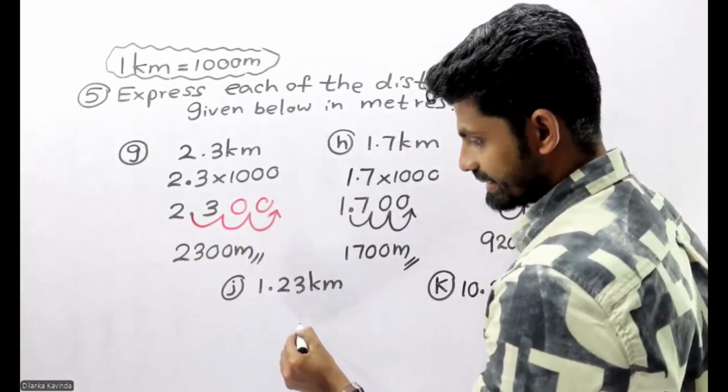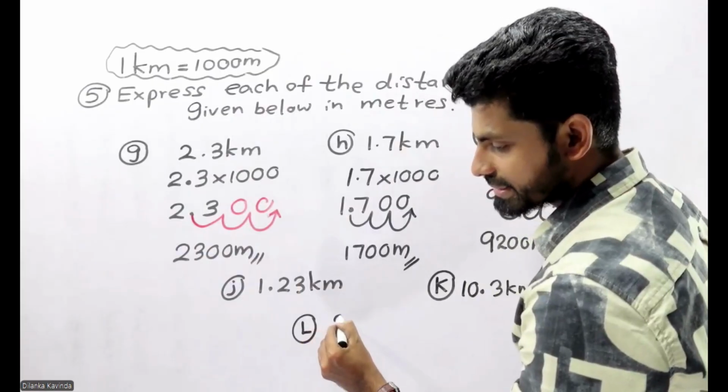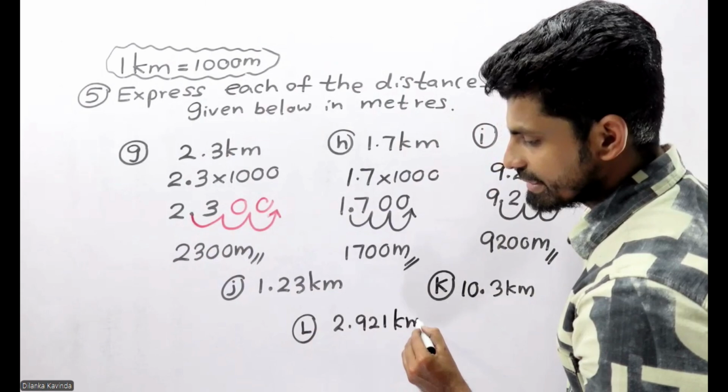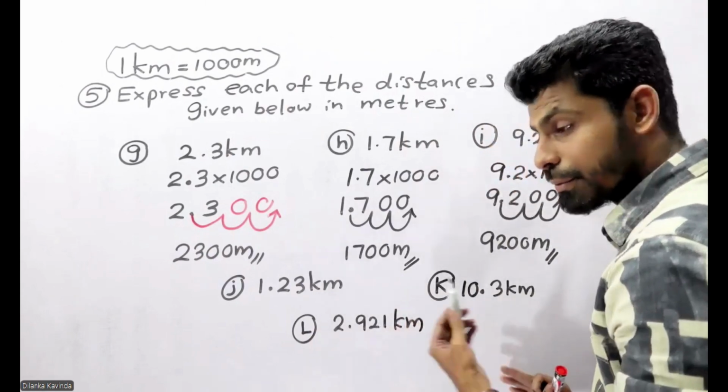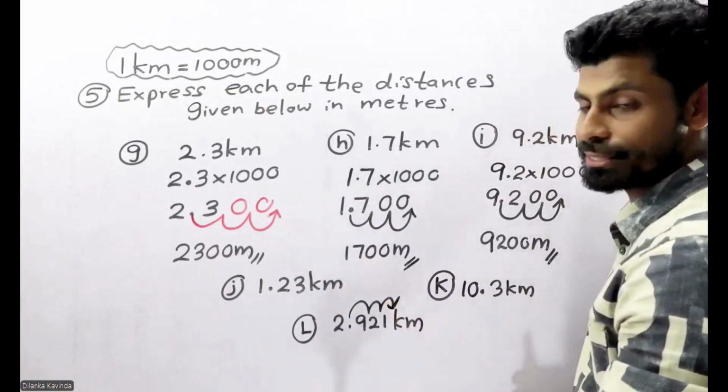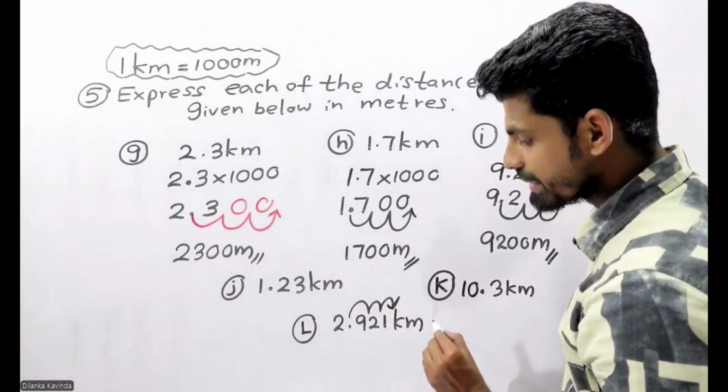J, K, L. So how many decimal places to the right? 1, 2, 3 decimal places to the right. So what is the answer?